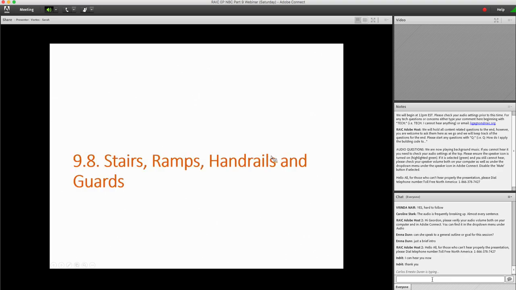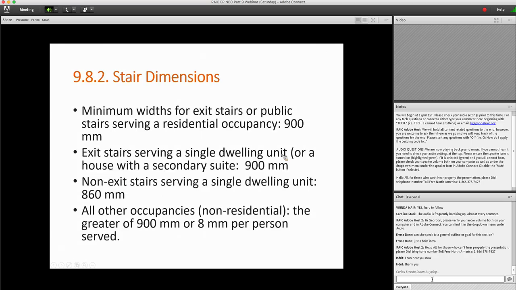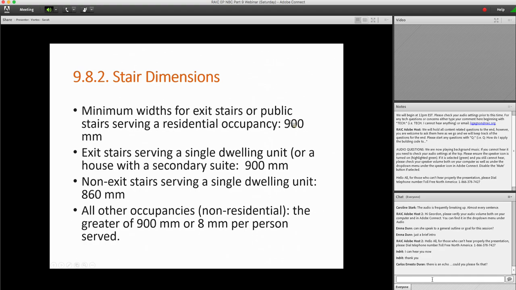We will move on to a little of the health requirements as they pertain to stairs, ramps, handrails, and guards. There are minimum widths for stairs in buildings. As most of you will probably recognize this number, for a Part 9 building, the minimum width for exit stairs or public stairs serving a residential occupancy is 900 millimeters. This also applies to exit stairs serving a single dwelling unit or a house with a secondary suite.